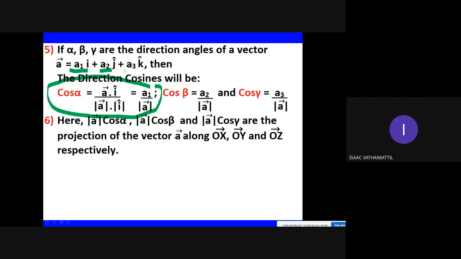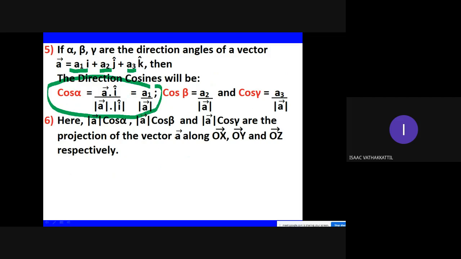Projection of A on vector OZ or K is A3. These components A1, A2, A3 are the projections of the vector along the coordinate axes.